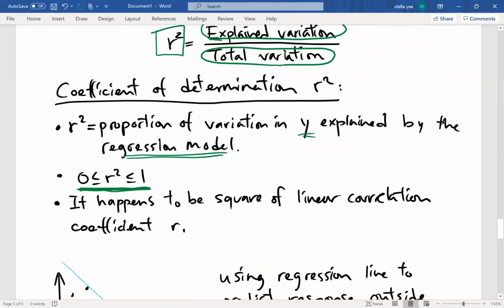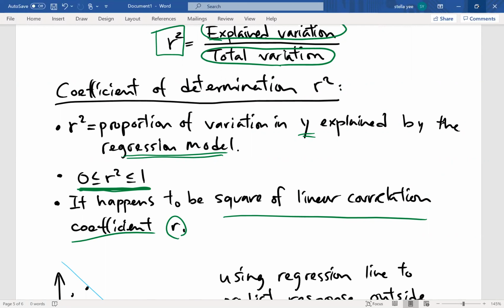It also happens to be the square of the linear correlation coefficient r. So you might be wondering why the coefficient of determination was denoted r squared. That's because it is related to the linear correlation coefficient r, which we did in section 9.1.